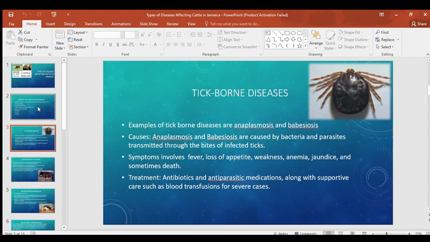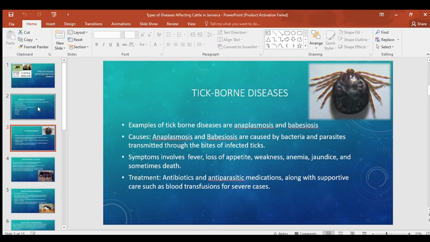babesiosis. Anaplasmosis and babesiosis are caused by bacteria and parasites transmitted through the bites of infected ticks. So remember that external parasites like ticks and fleas are actually vectors and they sometimes carry diseases.